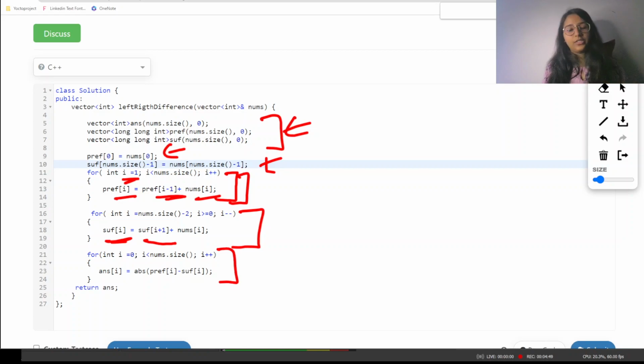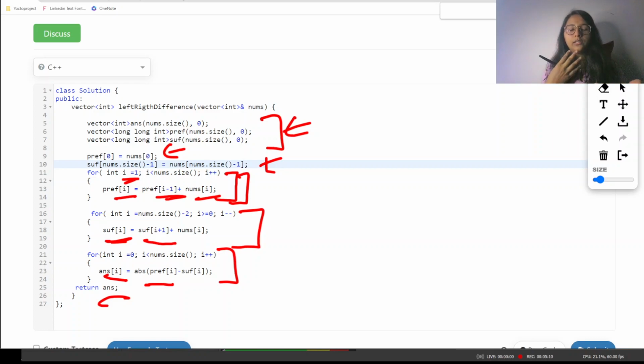Then, whatever the question has asked us to do, whatever is towards the left of that index and whatever is towards the right of that index, we subtract them, and the absolute difference, we store at this particular index of our answer. And then at the end, I'm returning the same.